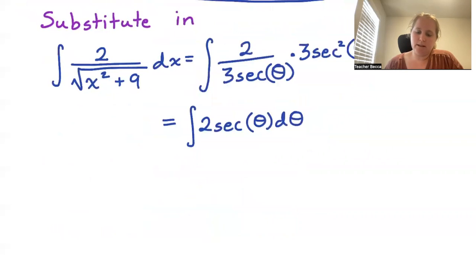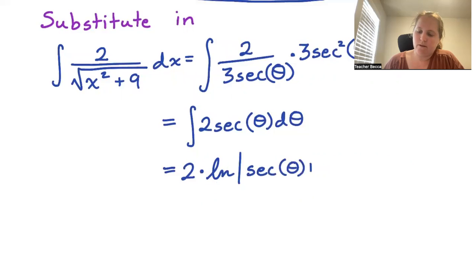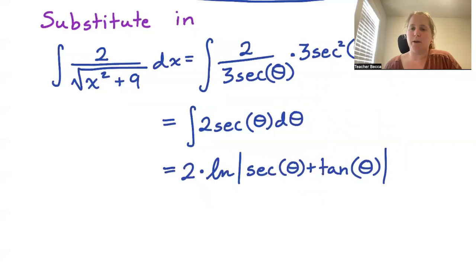The integral of secant of theta was just, sorry, no 1/2. The integral of secant of theta was just the natural log of the absolute value of secant of theta plus tangent of theta. So we have 2 times the natural log of the absolute value of secant theta plus tangent theta, then plus c.